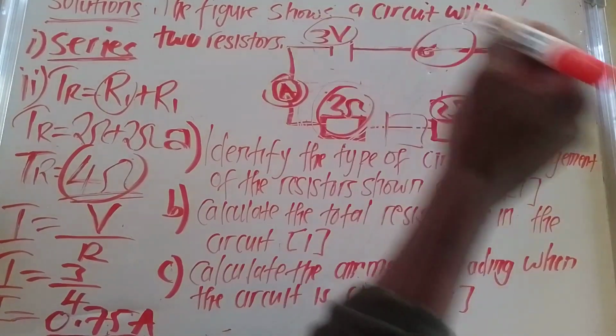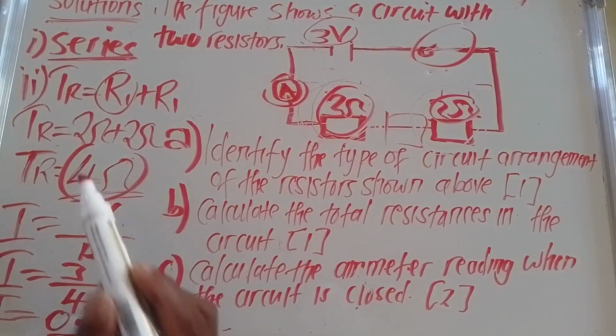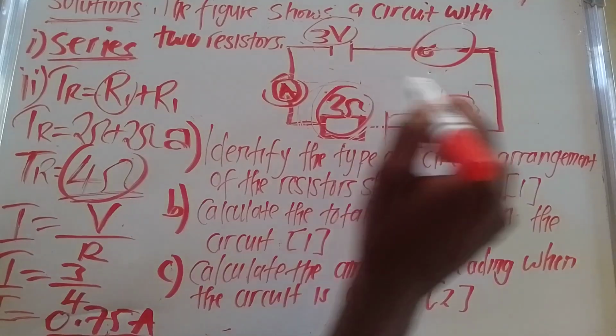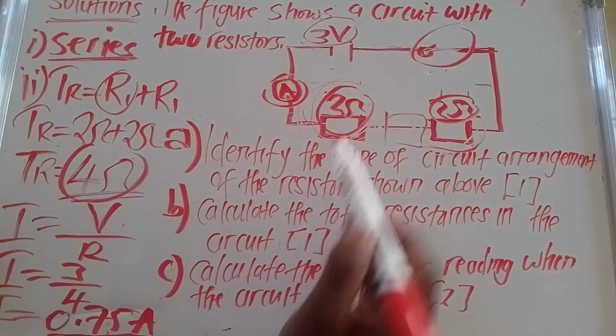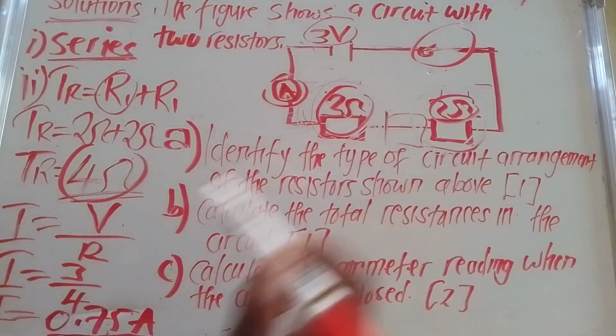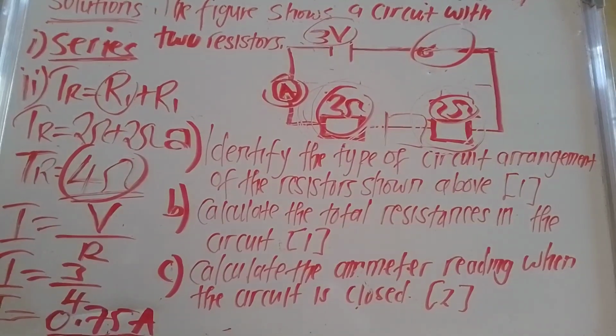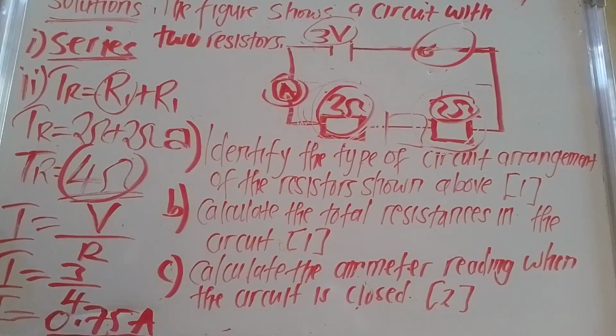Whenever you have been given a circuit which is connected in series, just know that whenever you want to calculate the total resistance, you just have to add the resistors which you have been given. In this case, you have been given 2 resistors, so you add these 2 resistors and you get the total resistance in that circuit.